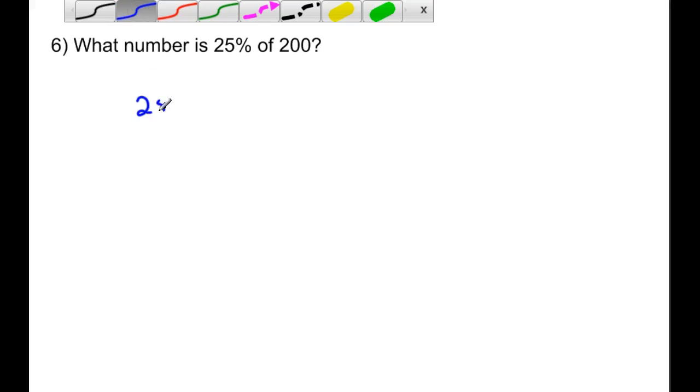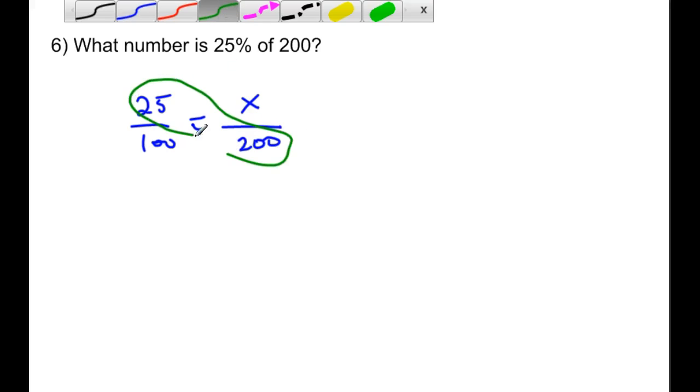What number is 25%? 25 out of 100 equals something of 200. Cross multiply. 25 times 200 is 5,000.